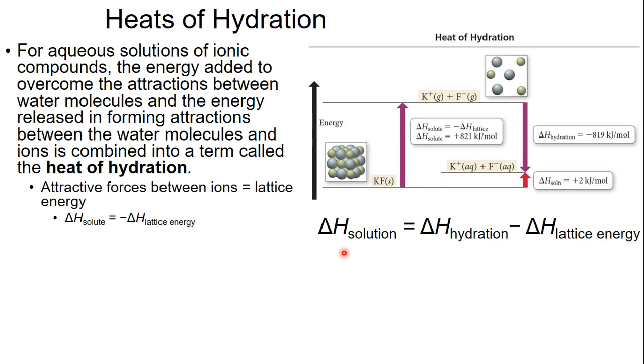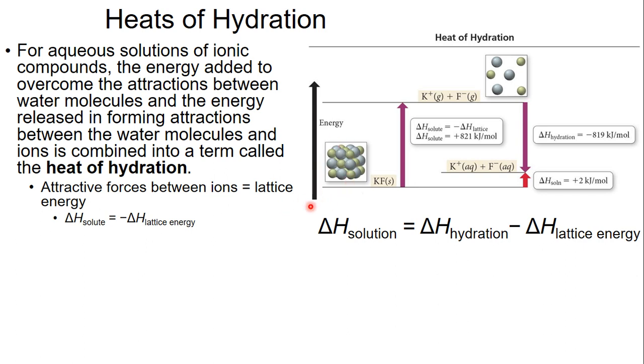Let's think about the various forces that are involved when we combine an ionic solid in a solution. First off, the ionic solid is held by ionic bonds. All of these bonds together form your lattice energy. It is the energy that is holding together your ionic compound.